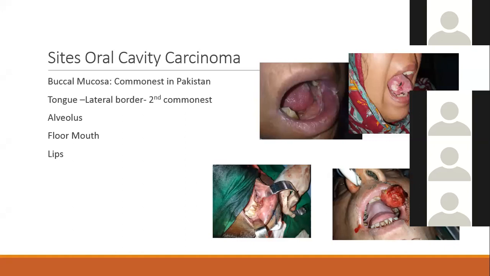These are the pictures of my patients, and this is just to show you how various tumors at various stages present to us, and look at all these pictures very carefully. Okay, hard palate.